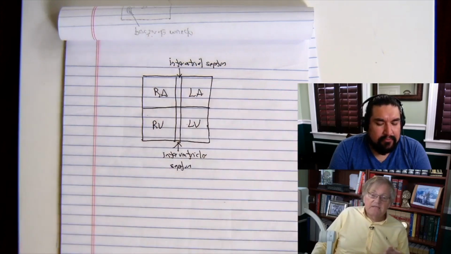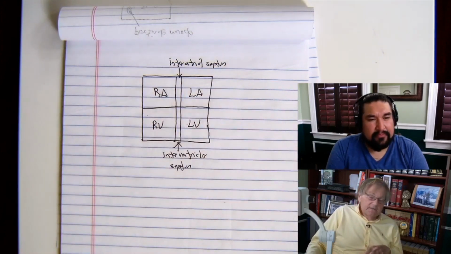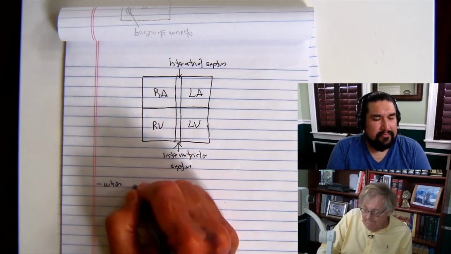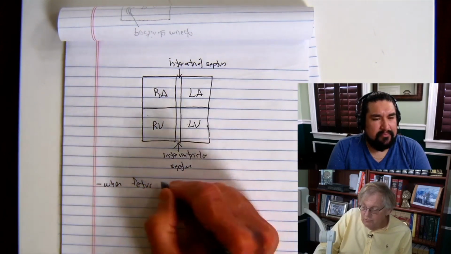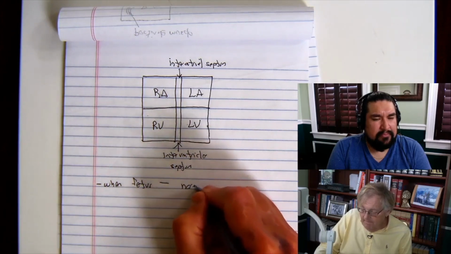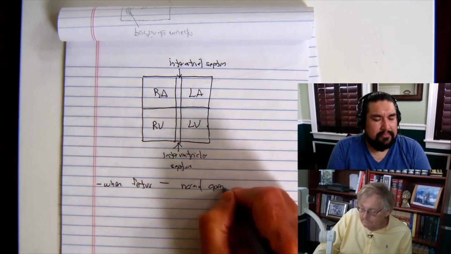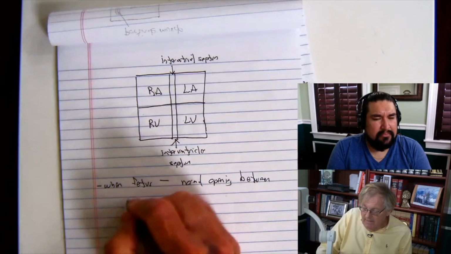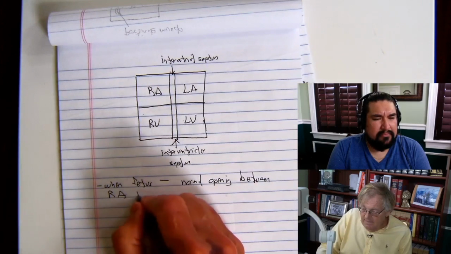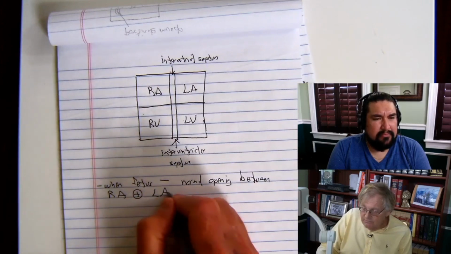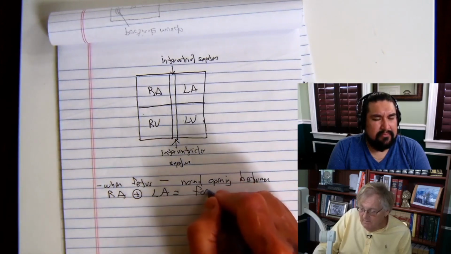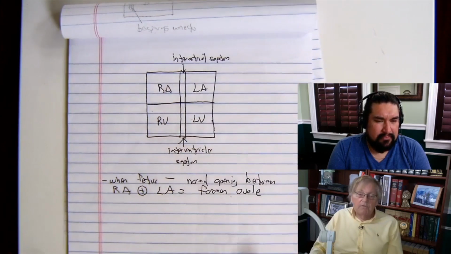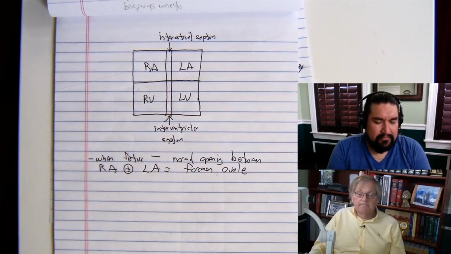When you were a fetus, there was a normal opening between the RA and the LA, which was called a foramen ovale, an oval depression or oval opening.